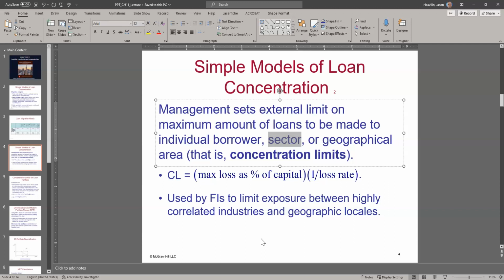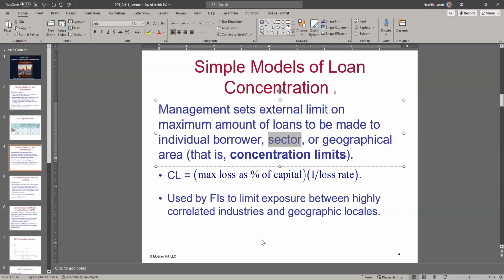Geographical area, similar to the industry, while you may put a lot of loans in different companies and people in a specific city, you don't want to have all your loans in that city. It could be a city, a state, or a country. The boundaries just depend on how you're managing it.